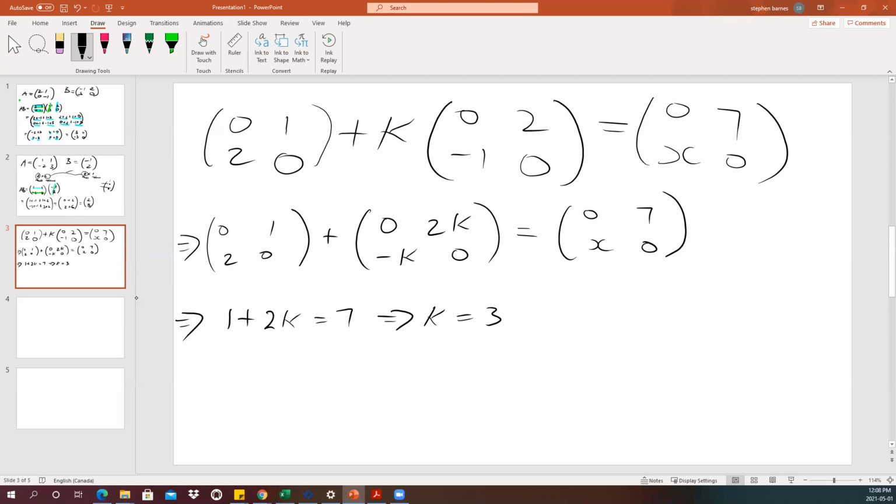Now that we have the answer for k, we can use that information and try and get x, right? So we know that 2 plus, and you can put a minus k. So this part now is equal to x. But we know that k is equal to 3.